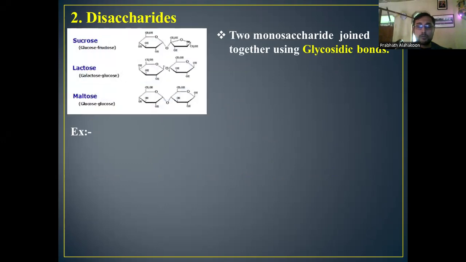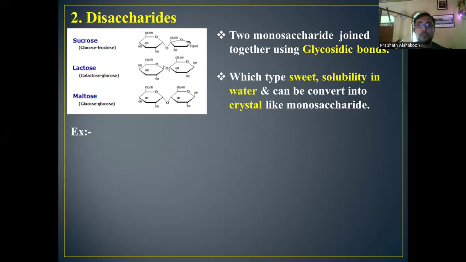Can you use the first picture to identify the example of sucrose and its structural view? Which type of disaccharide contains these characteristics?